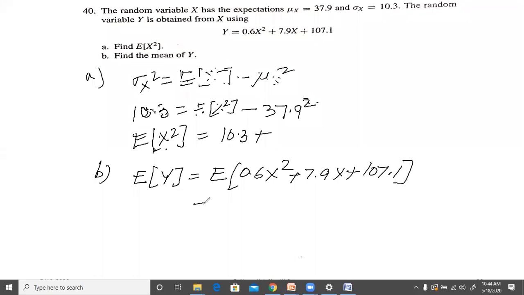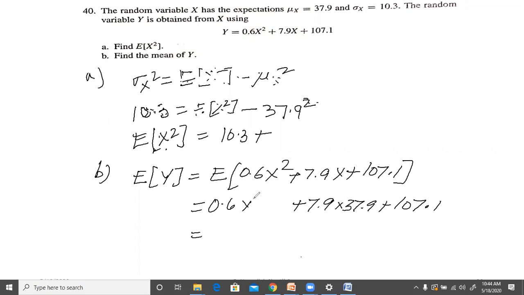So this will give us 0.6 into E of x square, whatever value we have just found, plus 7.9 E of x, E of x is mu of x itself, which is 37.9, plus 107.1. So whatever we have found here, you can write that, and that will give you the solution.